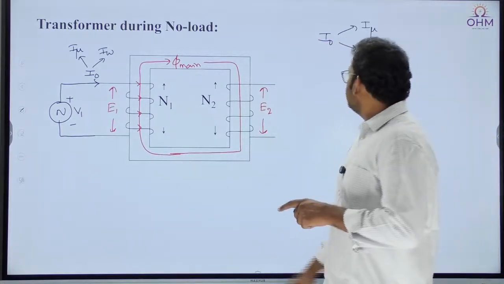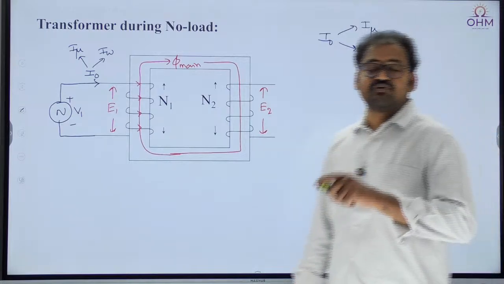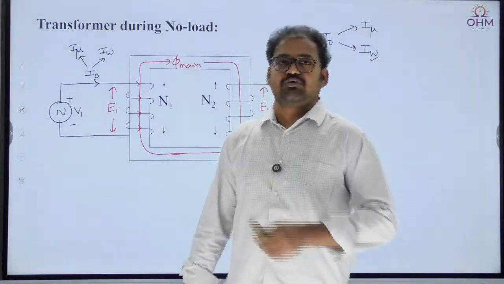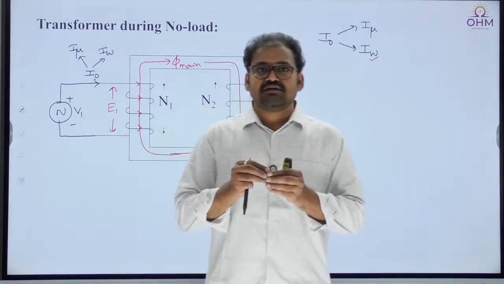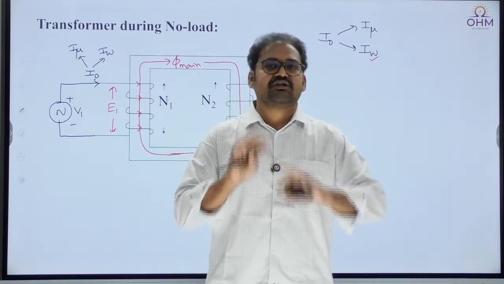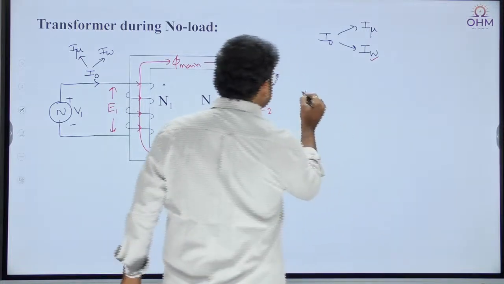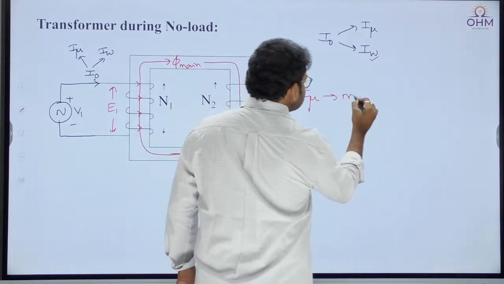But at the same time there is another current drawn by the transformer known as IW, the iron loss current component. That means the current responsible to create losses within the core medium of the transformer. So I mu, magnetizing current.